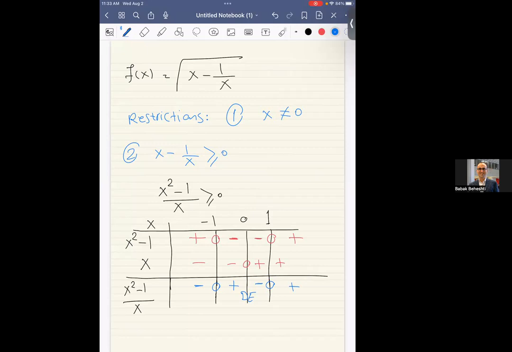So now we are looking for positive solutions or greater than or equal to 0. So that means you're looking for this region and this region. So the solution is basically x greater than or equal to 1 or x greater than or equal to -1 and less than 0.